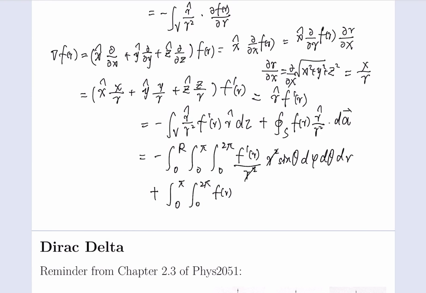Here the r hat direction is perpendicular to the surface, so r hat dot dA, the normal direction of the area, is equal to 1. So we can also drop the r hat, and what remains is 1 over r squared. And for the area, there is also a sine theta that you need to consider, and again d phi d theta.